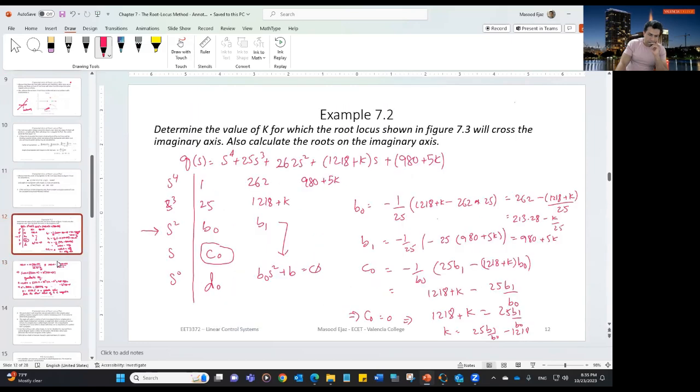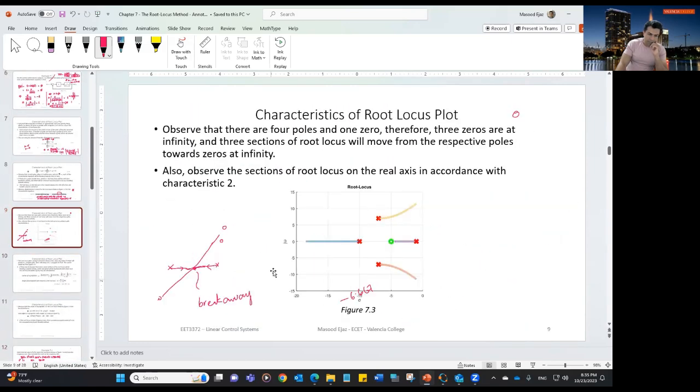This is how you draw the root locus, as the collection of all the roots that you are getting from the characteristic equation when you're changing the value of the controller gain. And the polynomial of the characteristic equation will tell you how many root loci are going to be there. That is, how many sections of the root locus are going to be there. If it is s to the power 4, then you have 4 sections, because you have 4 roots. So every time you change the value of K, you're going to get 4 roots.